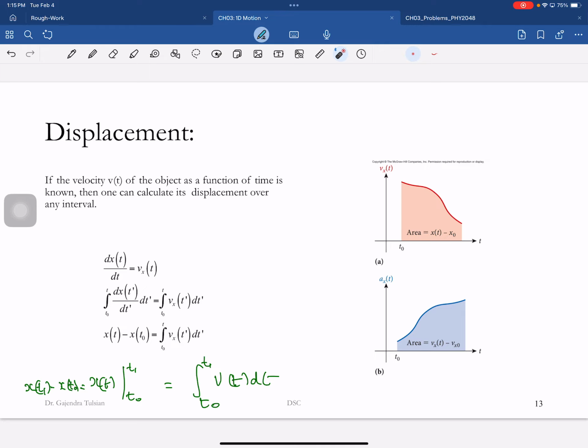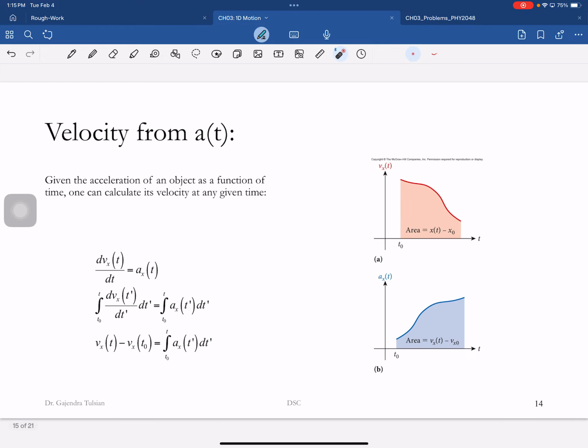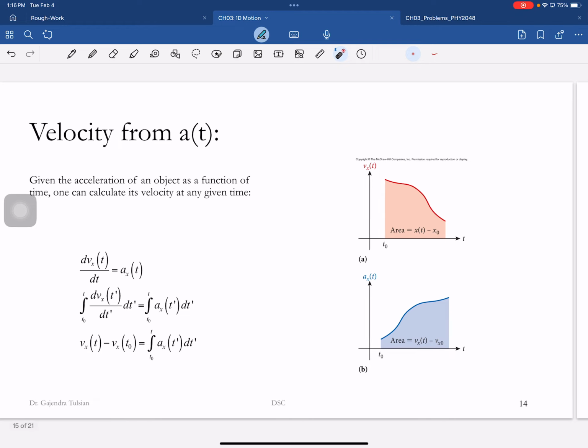Okay, so again, when you plot acceleration versus time, the area under that curve is the change in velocity. The velocity at this time minus the velocity at that time.